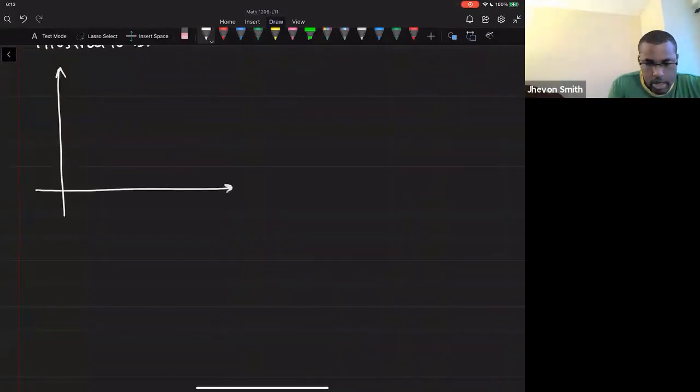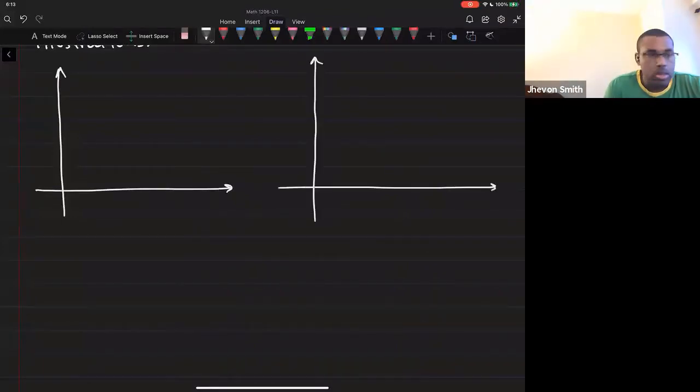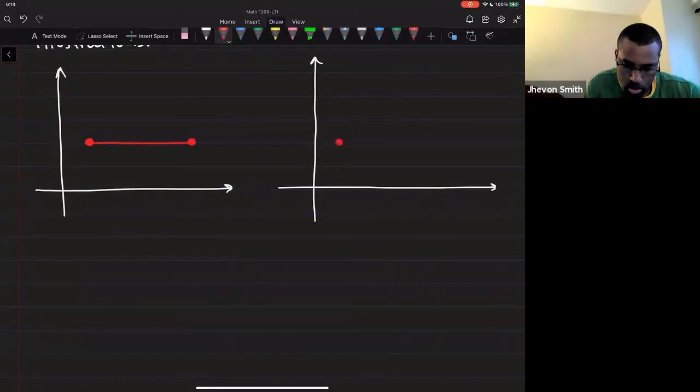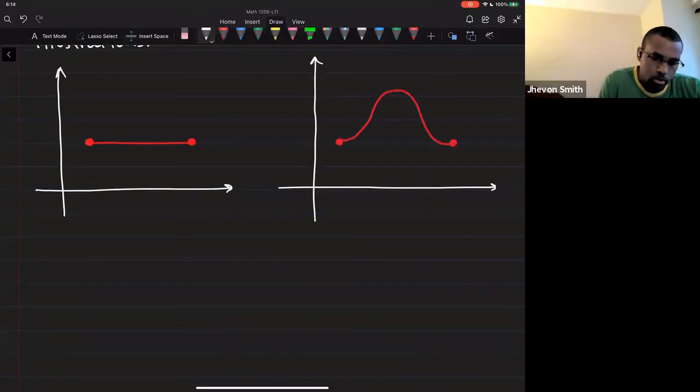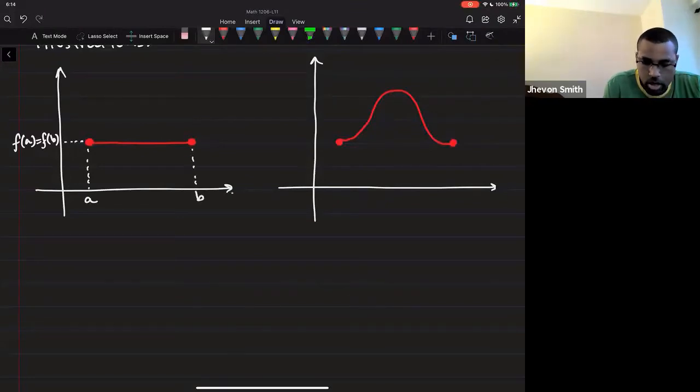So if you look at this guy, let's do a couple of examples. So if we had our guy here versus here. So if your f(a) actually equals f(b), that's a, that's b.